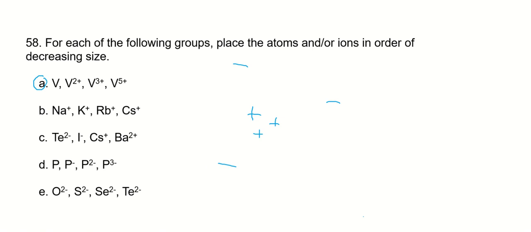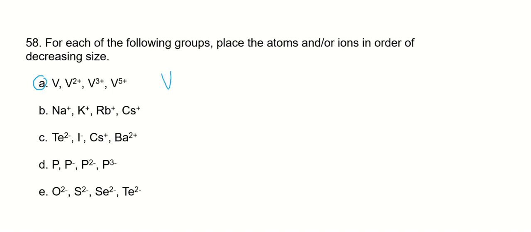When you're removing electrons, every electron you remove, the remaining electrons experience a greater nuclear charge because they get more of the same number of protons to themselves. Not only that, there's less repulsion because you've just gotten rid of an electron, and electrons repel other electrons.